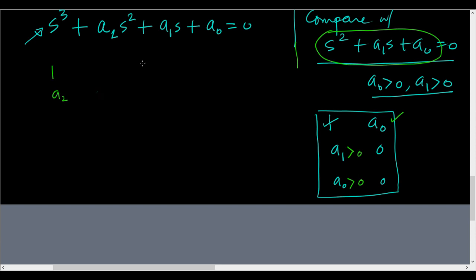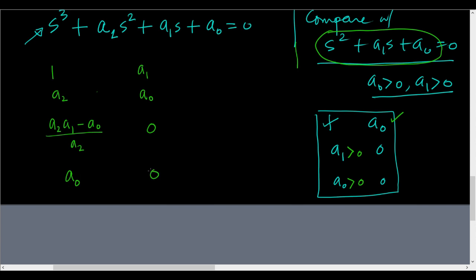Now this is going to be a2, a1 minus a0 by a2. Over here these are zeros, so this is 0, and then because this is 0, this one comes down here, and so this is a0 and this is 0.